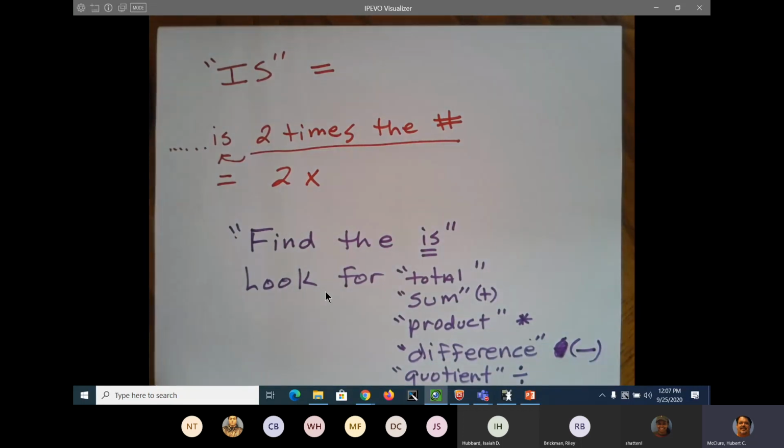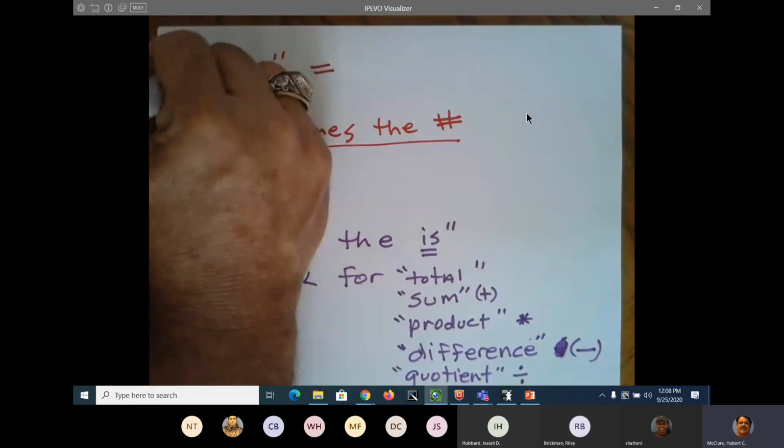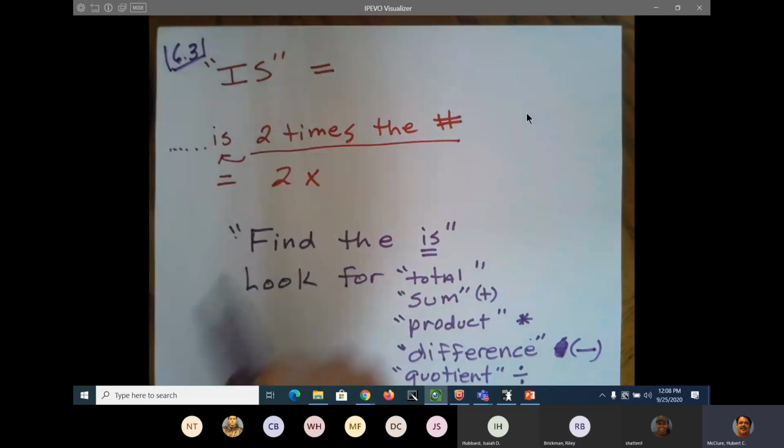Okay, so we're going to stop it there. You do not have to do 6.3 homework right yet. I mean 6.4, whichever one we're on. I can't remember. You need to be working on formulas. Okay, I think that's 6.3, is it not? It's 6.2, formulas. Okay, so this is 6.3. So you do not have to work on 6.3 yet. If you want to, go ahead and start working on it.